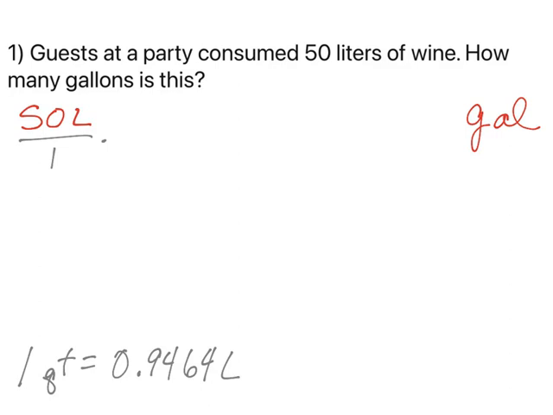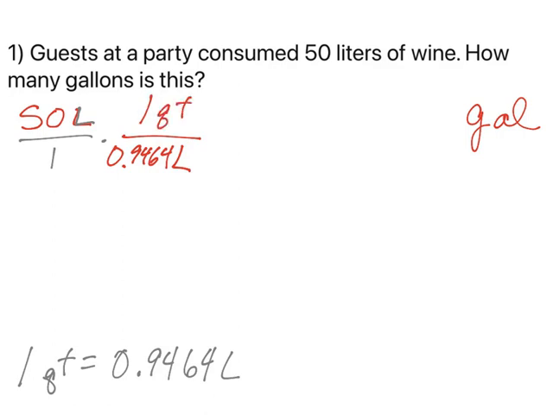So that's a conversion factor, right? And I need to make this a ratio. And because I have liters in the numerator, to get rid of those, I want to put liters in the denominator. So I'm going to put 0.9464 liters in the denominator and the equivalent of 1 quart in the numerator.